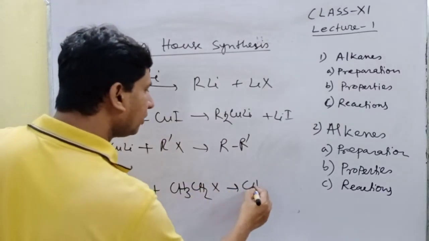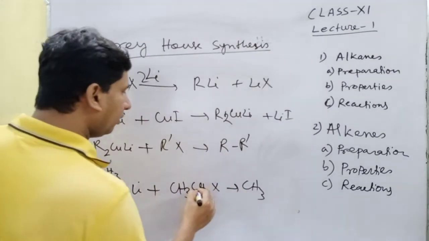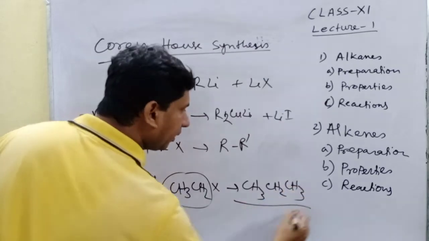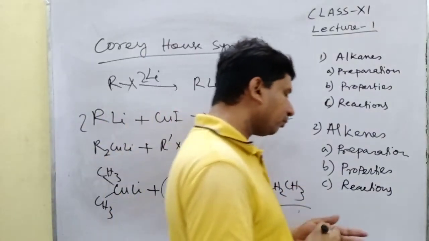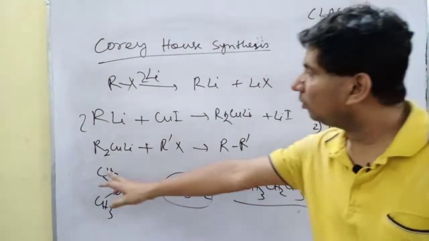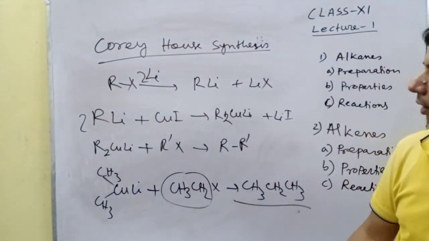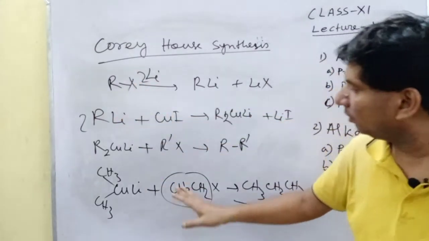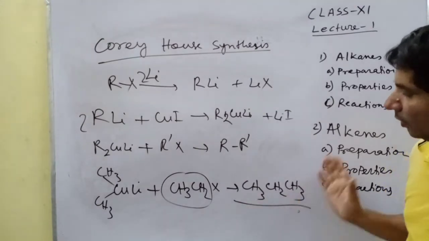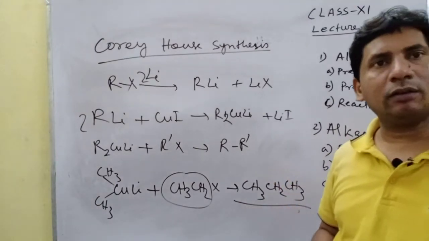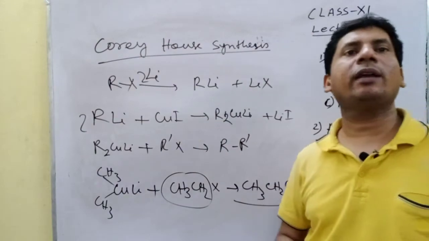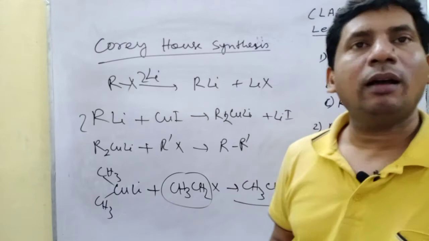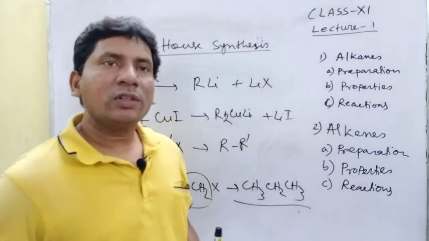We can get CH3, that is R, and then this is R dash, that is CH2CH3. So we can get propane from methyl iodide and ethyl iodide, or methyl chloride, or methyl halide and ethyl halide. Okay, we can get propane. So this is very important. The odd-number-containing hydrocarbon we can prepare by Corey-House synthesis from the alkyl halide, but not from the Wurtz reaction. Okay.